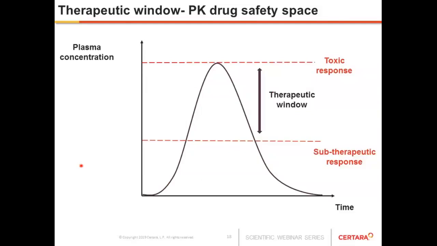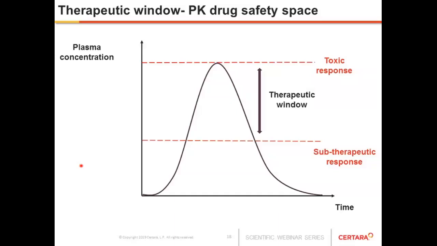Because you have an understanding of the exposure of your drug, you can define the concentration below which you do not have any effect, which is your subtherapeutic response, and the concentration above which you have unwanted effects. You can then define the therapeutic window that you want to retain for your drug.